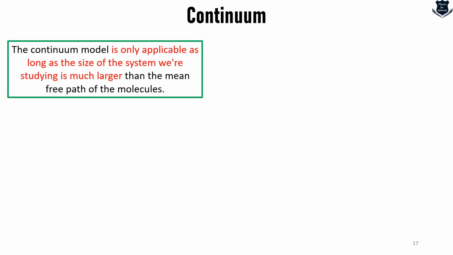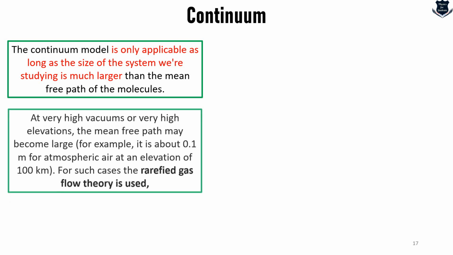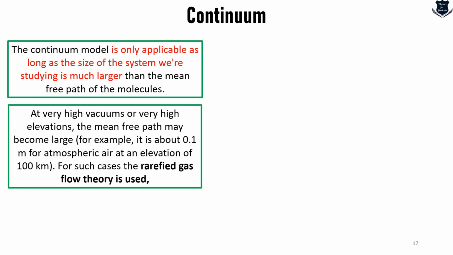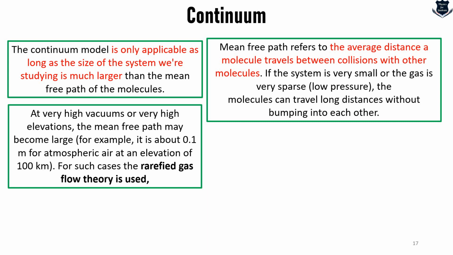Also, there are a few points. The continuum model is only applicable as long as the size of the system we are studying is much larger than the mean free path. At very high vacuums or very high elevations, for example atmospheric air at an elevation of 100 km, where the mean free path becomes large, we need to use what is called rarefied gas flow theory. The mean free path is the average distance molecules travel between collisions with each other.